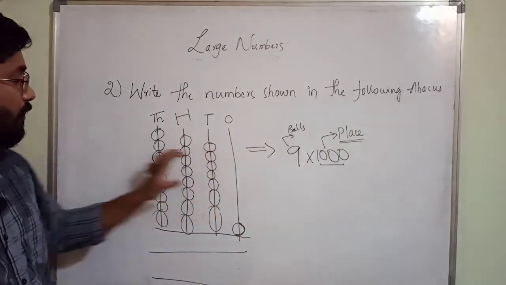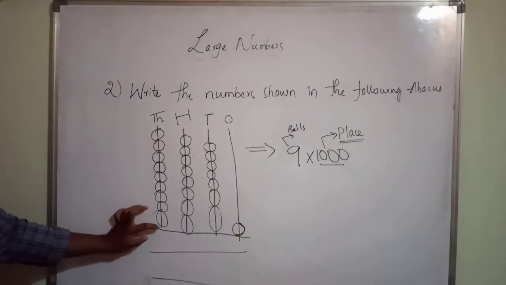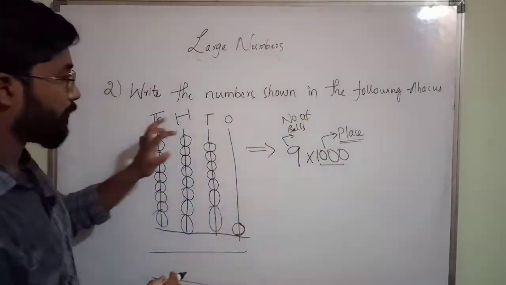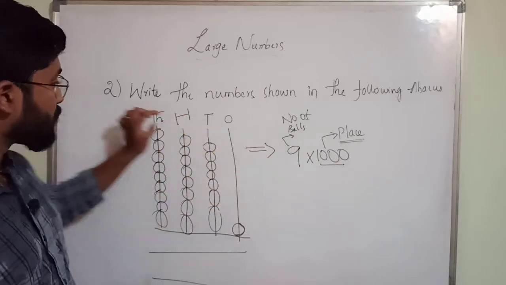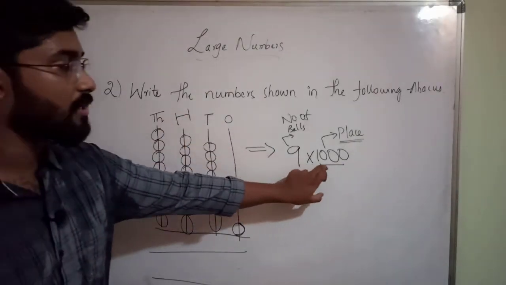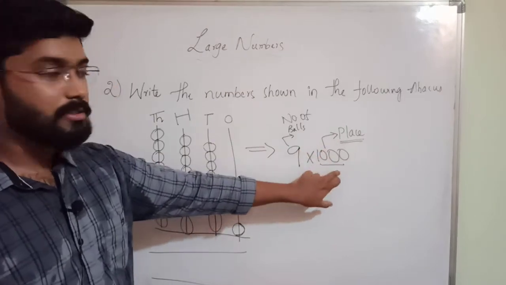This 9 will say the number of balls. And what is this 1000 saying? Its place. It is in thousands place. So 9 is in thousands place.